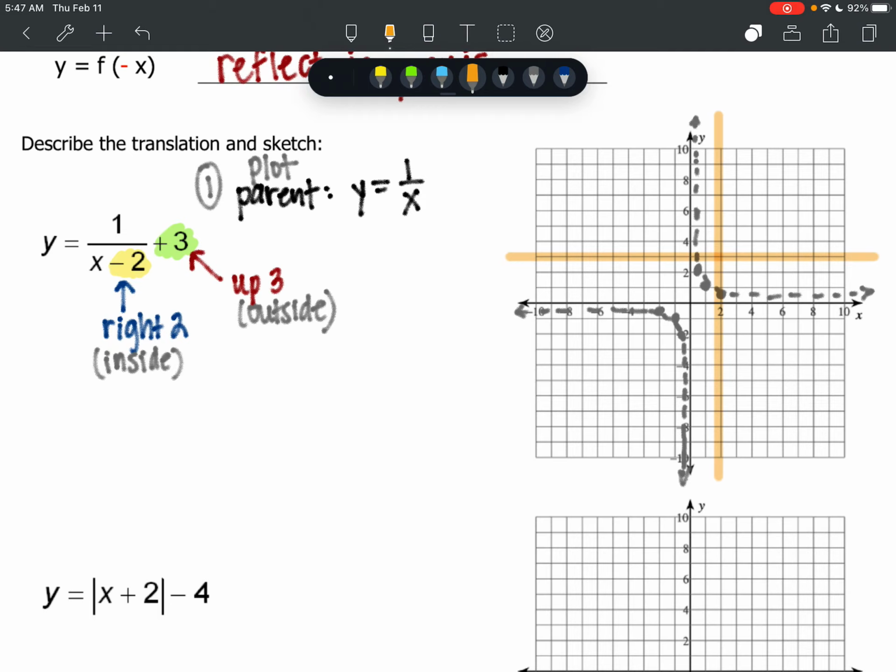So there's our new asymptotes. And then from those new asymptotes, we can plot those same points. 1, 2, 3, 1, 2, 3. And this blue curve is going to end up being our graph.